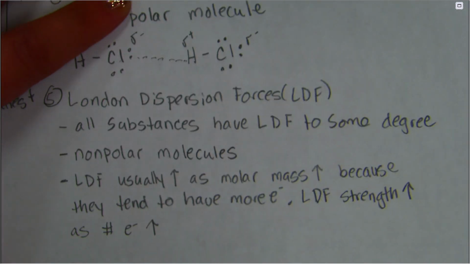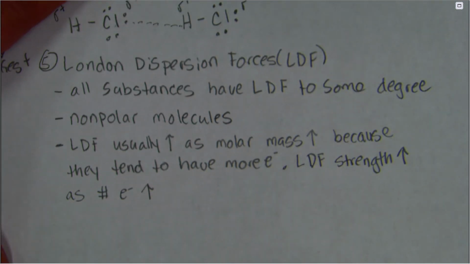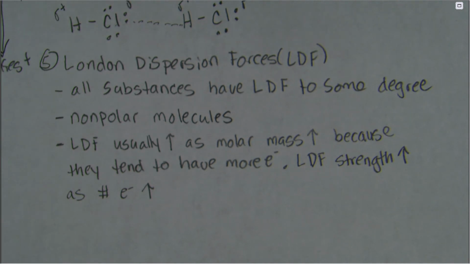So why is this? As the number of electrons increase, now remember that like charges repel. So the more and more negative charges I get, the more and more potential repulsion I'm going to have. These electrons are distributed throughout, but they're more easily disturbed.